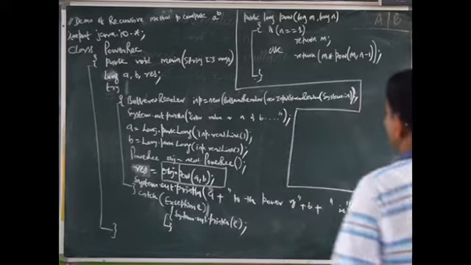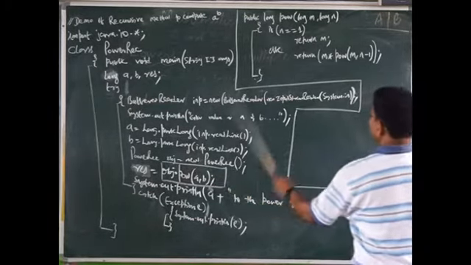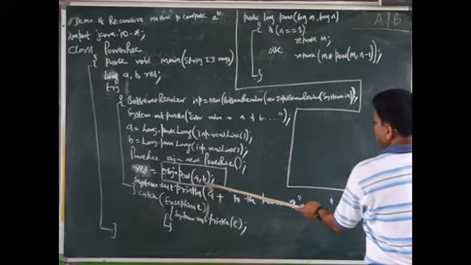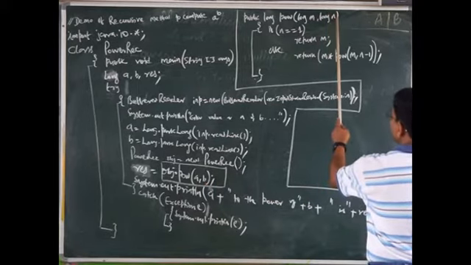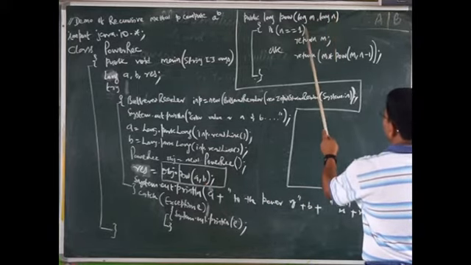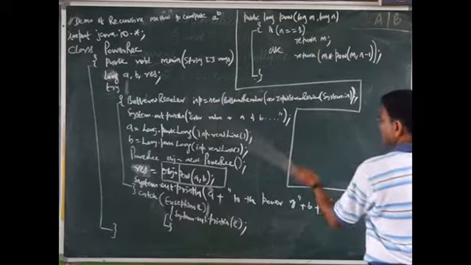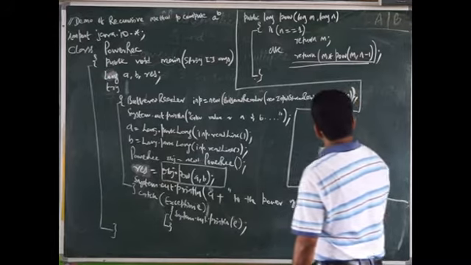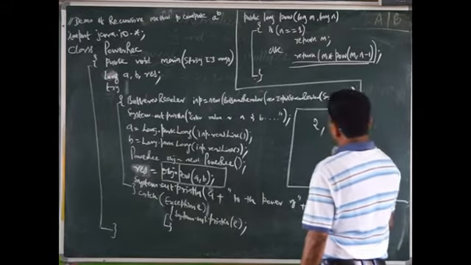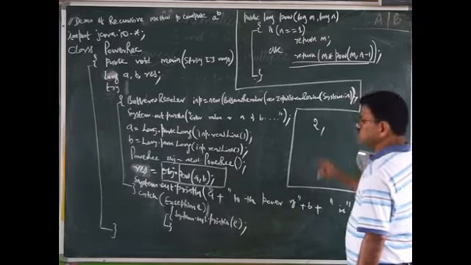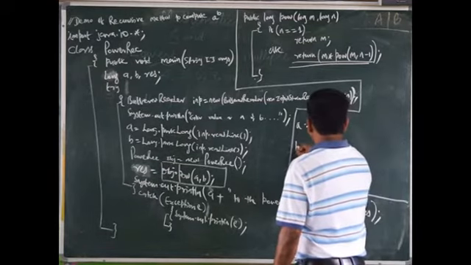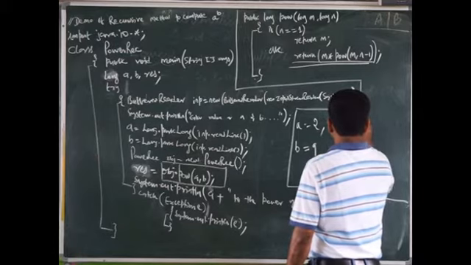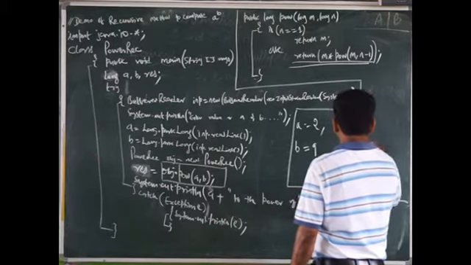What I do is, from the main method, I go to a method called POW, where the A value will be stored in M and the B value will be stored in N. If the N value happens to be 1, you return M. Else, this is the crucial statement. If I give A value as 2 and B value as 9, what does it mean? 2 to the power of 9, which is 512.